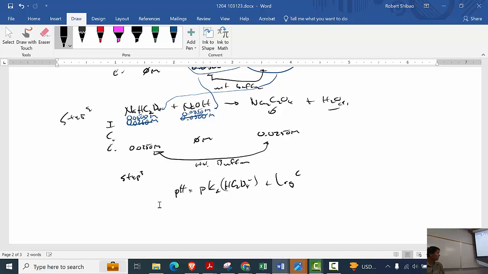The base here is going to be oxalate to acid. The acid is going to be hydrogen oxalate. And if you look at the concentrations, they're the same. So this is log of 1. And so the pH is just equal to the pKa of hydrogen oxalate.